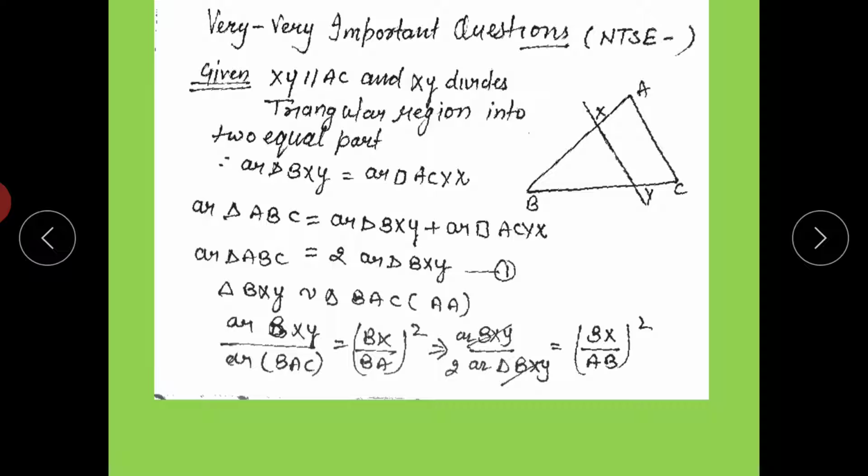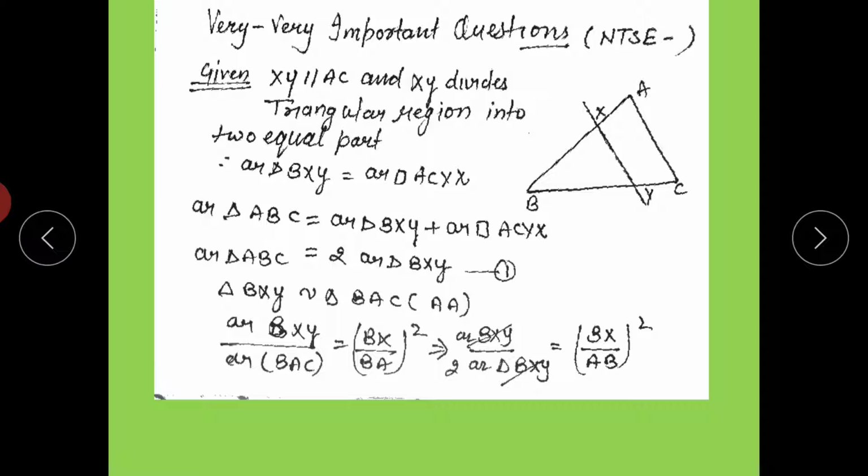So we can write that area of triangle ABC is equal to area of BXY plus area of ACYX, or area of triangle ABC can be written as 2 times area of BXY, or 2 times area of quadrilateral ACYX. Now in triangles BXY and BAC, these two triangles are similar by the AA similarity criterion. Why?